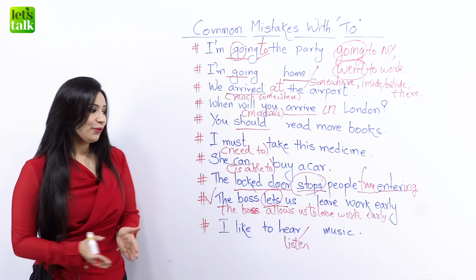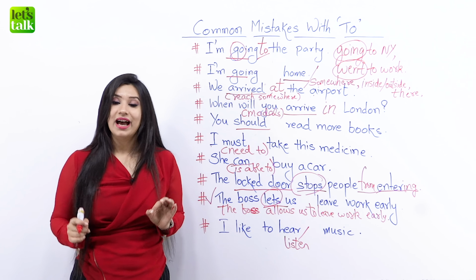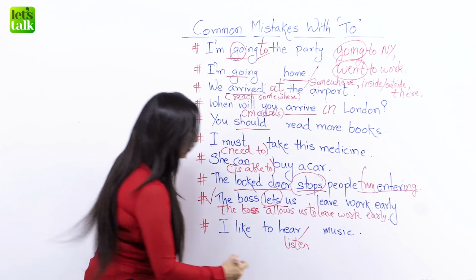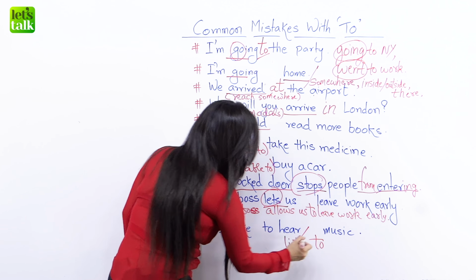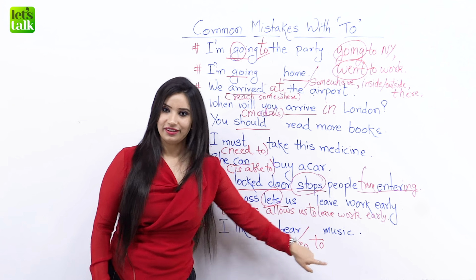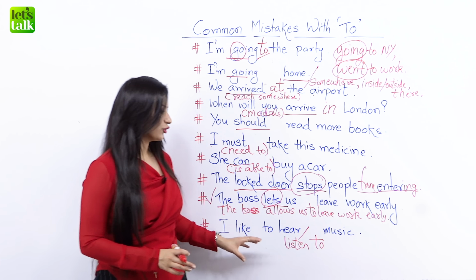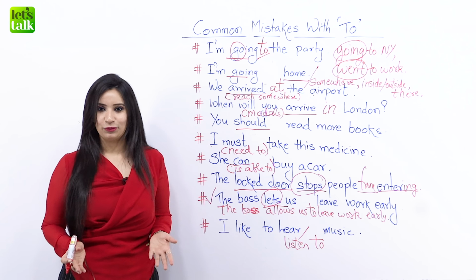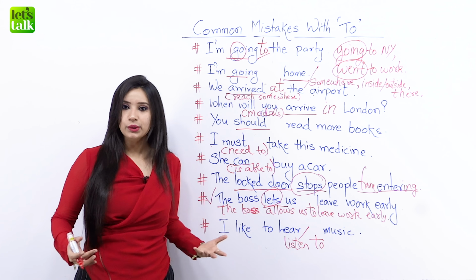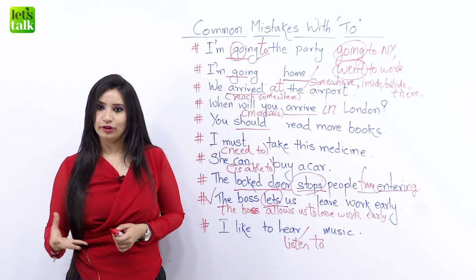Well, now we need to know that with listen, we always add to, okay? You will say, I like to listen to music. But when you use hear, you will say, I like to hear music without a to. So this is a little bit confusing and these are certain exceptions that you need to learn and memorize.